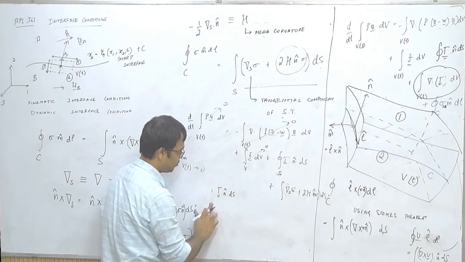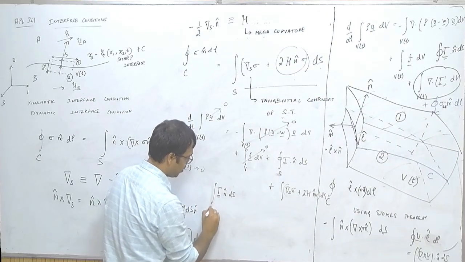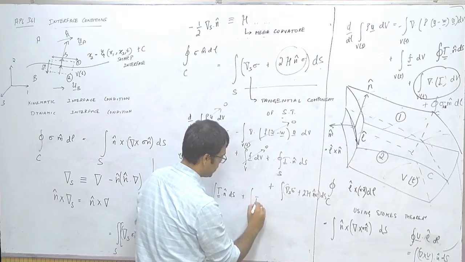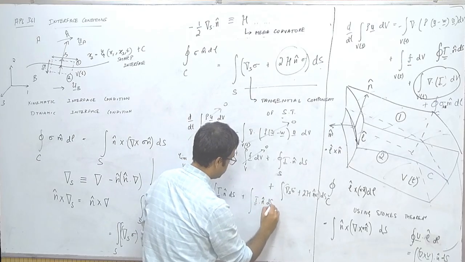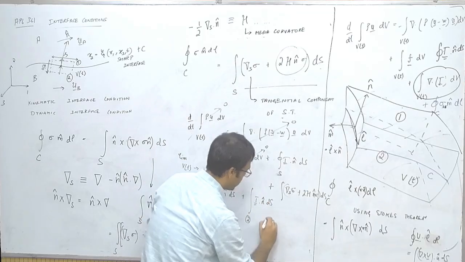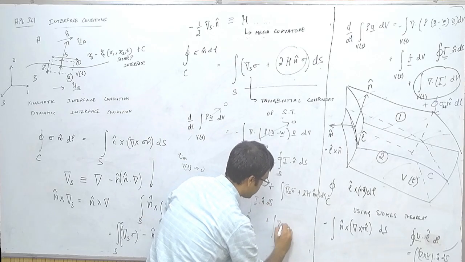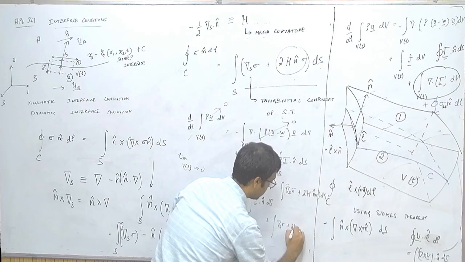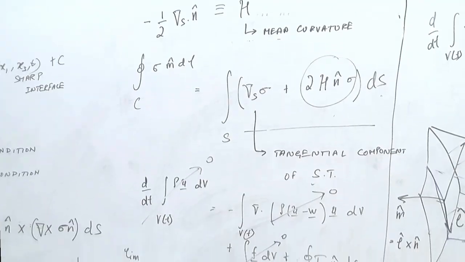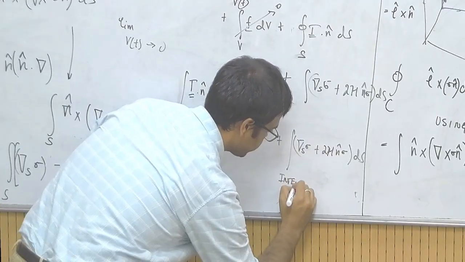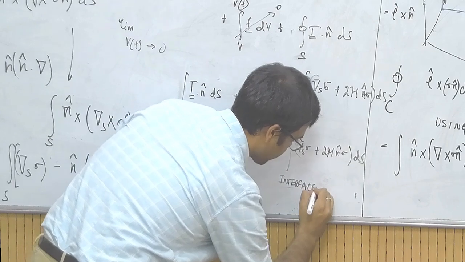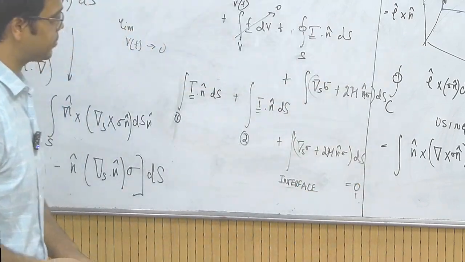So technically you will get that this over 1 plus this over 2 plus this integral over the interface is equal to 0.